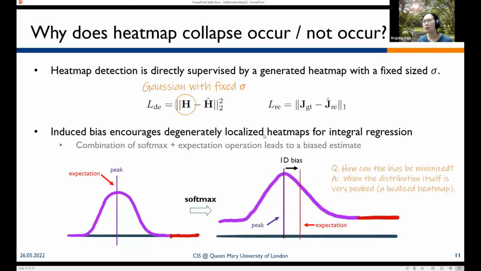So you can think of it this way: the ground truth is telling you to estimate this location as the ground truth of the joint. But every time I do this expectation operation, I end up here, right? So you're always going to have this error. And we're trying to reduce the error between what the ground truth is telling me versus what the actual output is. The only way that I can do this and remove this bias is, of course, to make this distribution as peaked as possible.